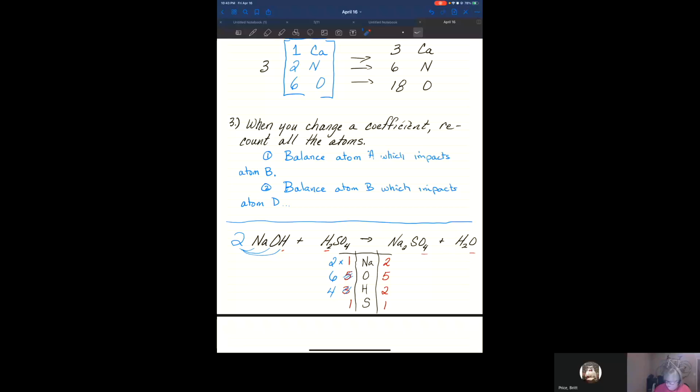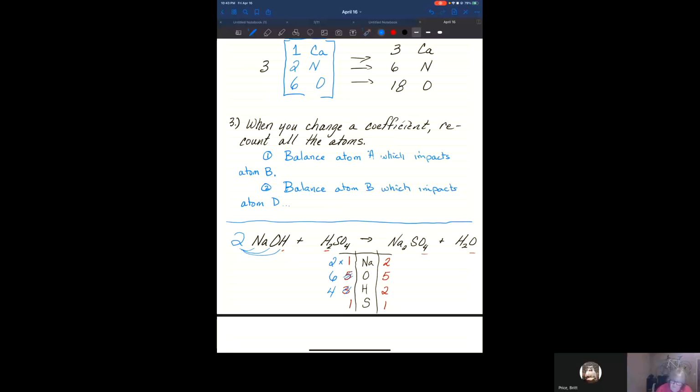What to do? Well, look, hydrogen's in only one product. So if I put some kind of a number in front of water, I'm only going to be changing the count of hydrogen and the count of oxygen. And at this point in time, hydrogen and oxygen are the only 2 that are messed up.